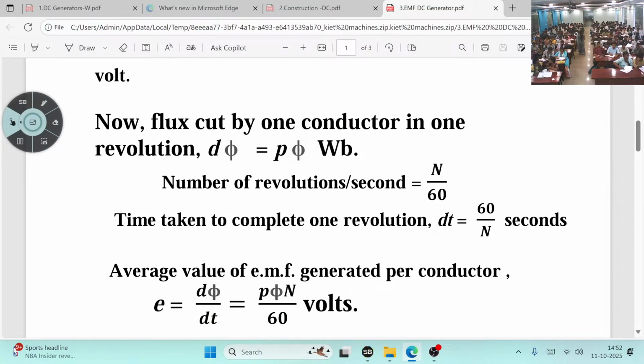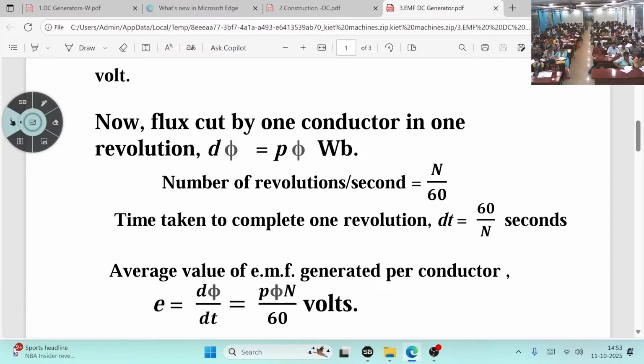So here, what is meant by dt? d phi is over. What is the value of d phi? P phi. One conductor in one revolution is cutting P phi. Now dt is nothing but the time taken. How much time is taken to complete one revolution? 60 by N. What is meant by N?